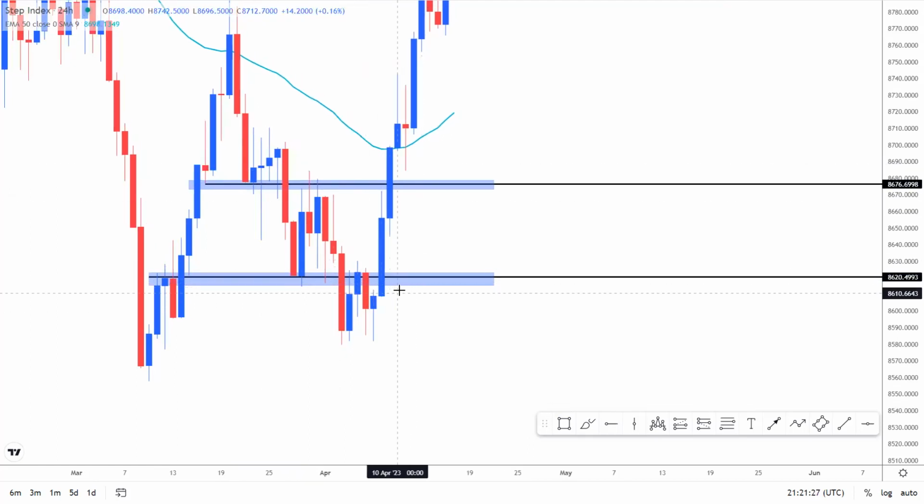And then you can clearly see, we had price break above this level. And then we moved very quickly into this identified key level just above the current price. And then again, what happened?